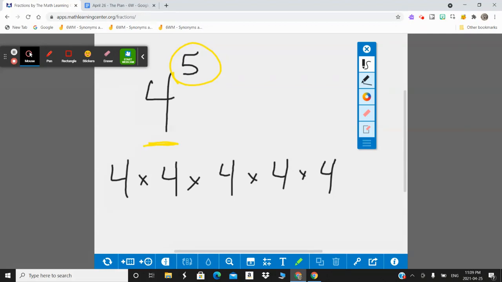However, when we think about needing to be efficient in our mathematics, this is sometimes where a calculator will help you. So 4 times 4 times 4 times 4 times 4, and my answer is 1024. Okay, and all I did in my calculator was write 4 times 4 times 4 times 4 times 4.